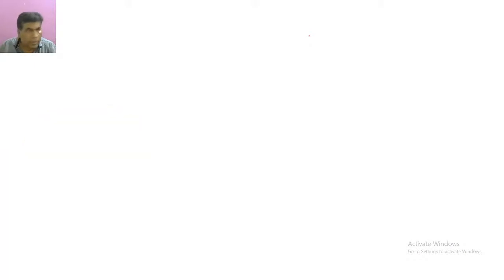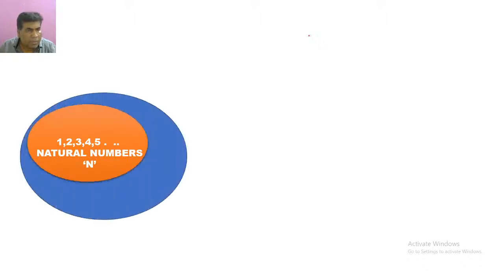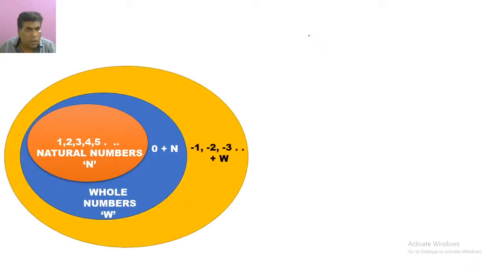So let's repeat the same topic once again. 1, 2, 3, 4, 5 are natural numbers, symbol N. If we add 0 to natural numbers, we get whole numbers, whose symbol is W. If we add negative numbers to the whole numbers, we get a new set called integers.